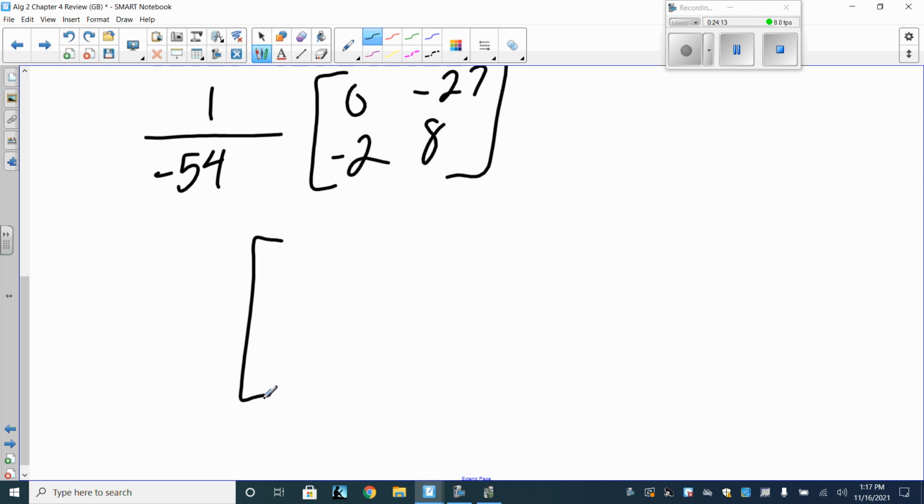Well, we can tackle the hardest one first. Negative 1/54 times 0 is? Now, negative 1/54 times negative 27, well, the negative and negative would make a positive, and this would become 1/2.